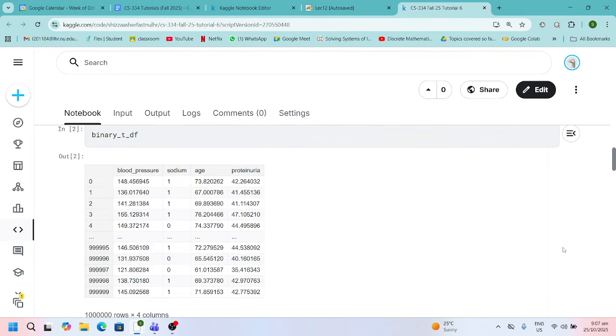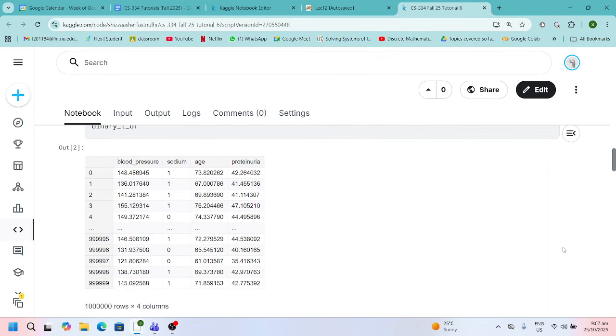So let's look at our data set. This is what it looks like. 1 million rows, four variables recorded: blood pressure, sodium, age, and protein and urea.